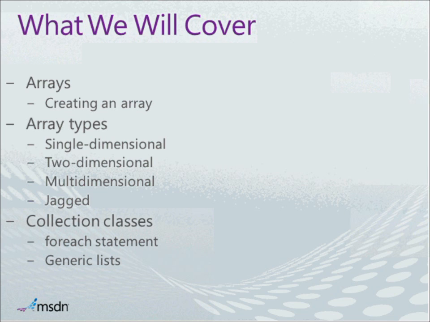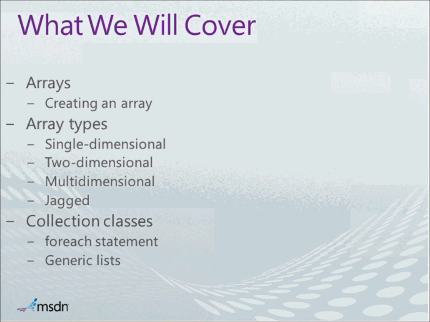At the end of the session, we're going to talk about collections. A collection is a very advanced type of array that allows you to do some really interesting things. Normally, an array is designed to contain a single type of element, but there are scenarios where you might have hierarchical sets of data, with different types of data that you want to store.